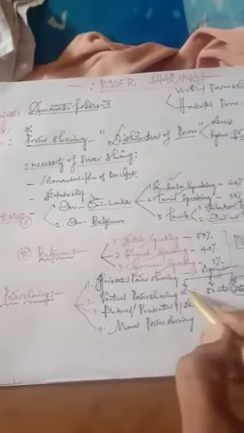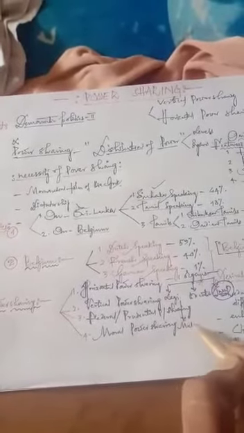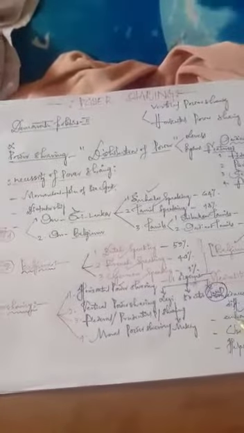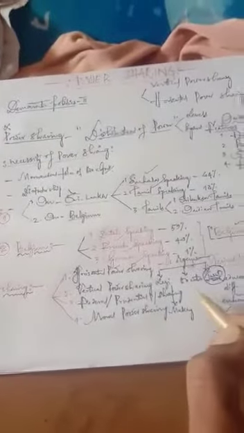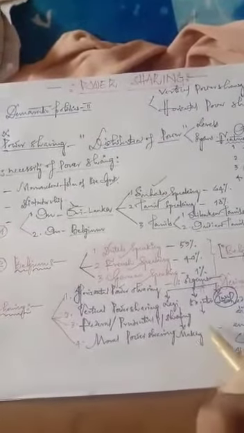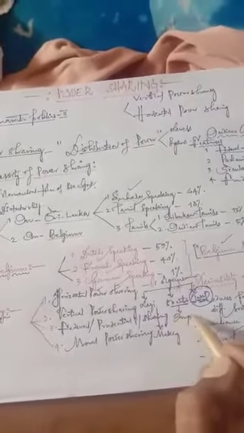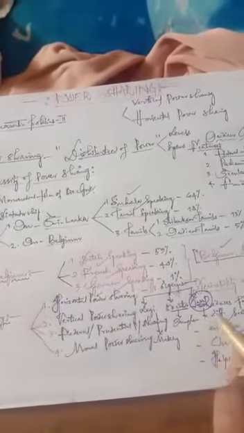And what is the main function of the legislative? Making laws is the main function of the legislative body. Next is the executive body, where making laws is over. What is the main function of the executive body? Implementation of laws. And the third is giving justice.